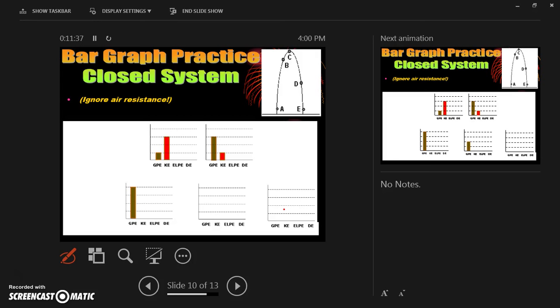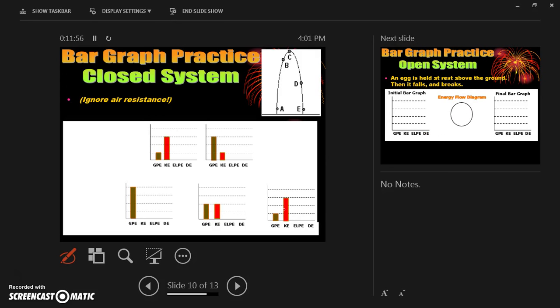GPE is at its full quantity, KE is none. As you start to come back down, since position D is exactly halfway between the origin and its highest height, you'll have half GPE and half KE. And position E should mirror identically position A.